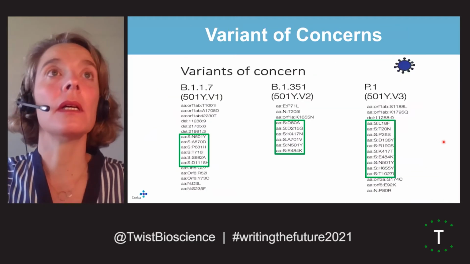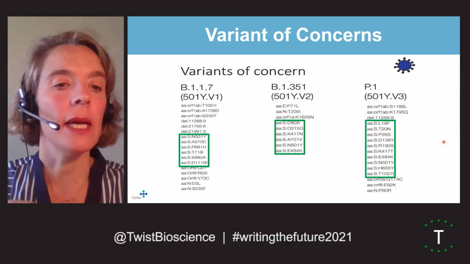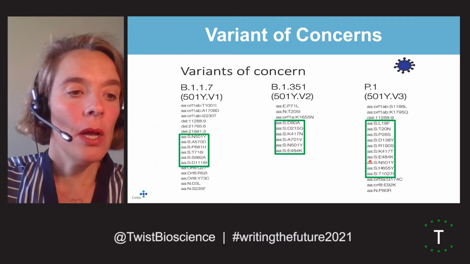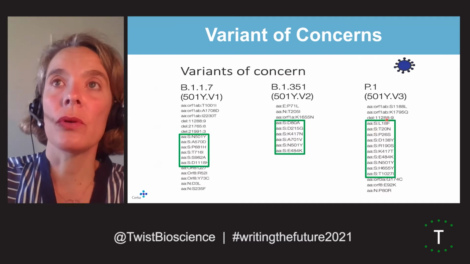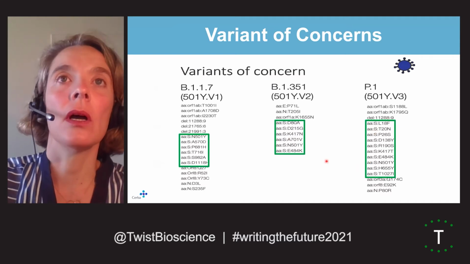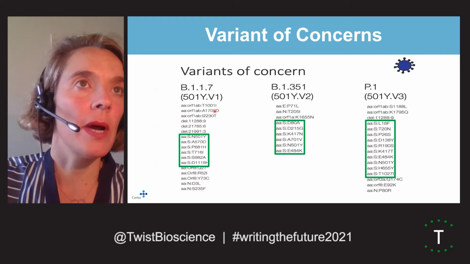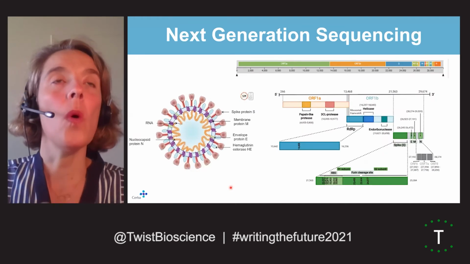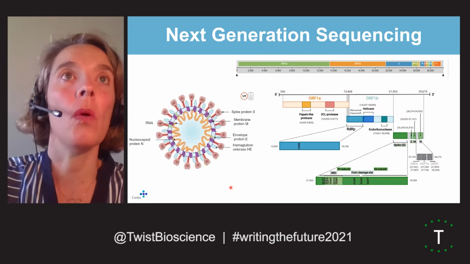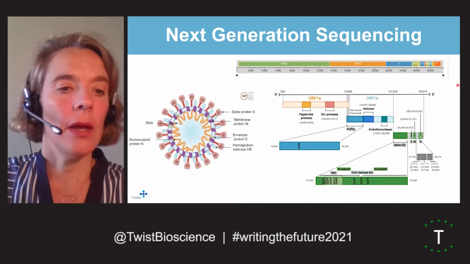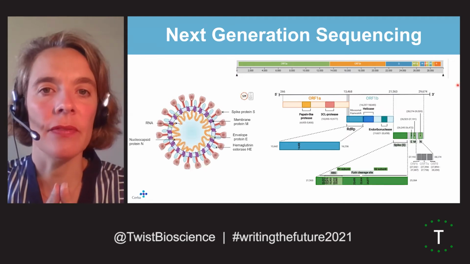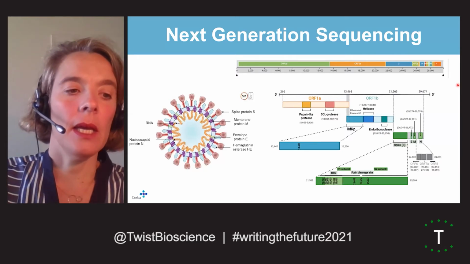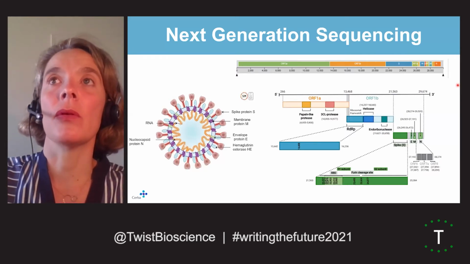As you can see on this slide, in addition to the mutations in spike, some mutations occur in other parts of the genome. That's why it is very important to have the whole genome sequence, in order to classify variants into clades or strains.